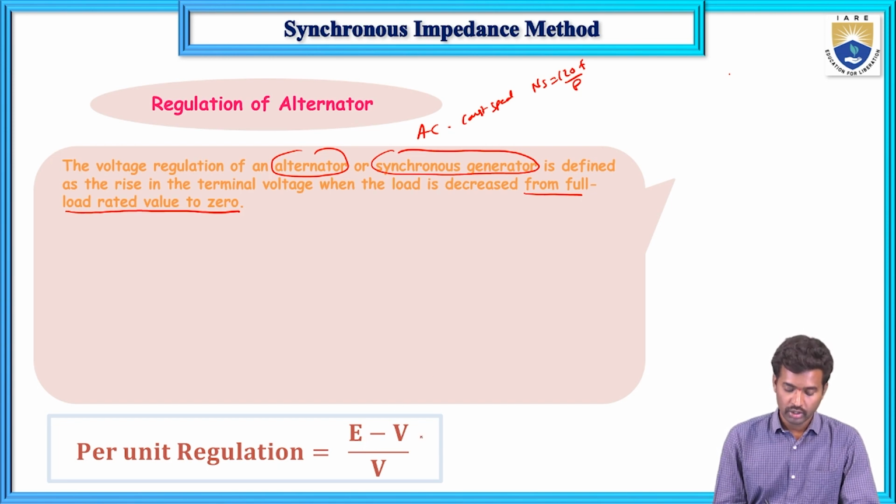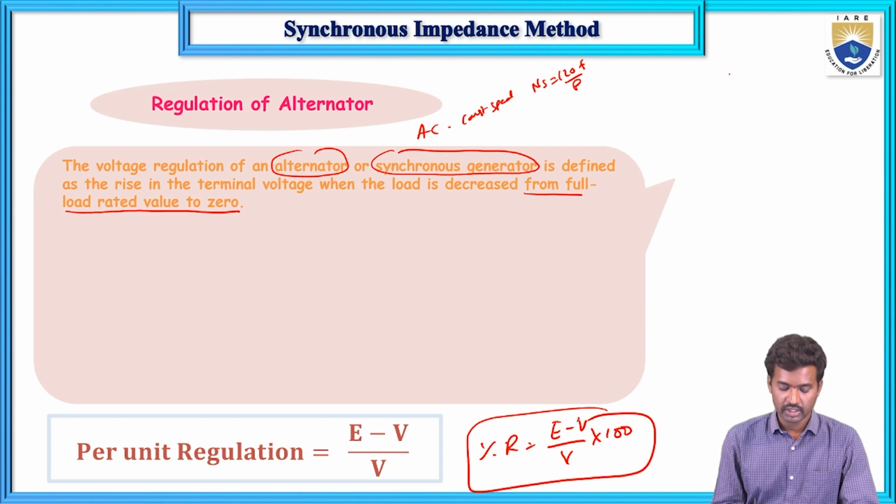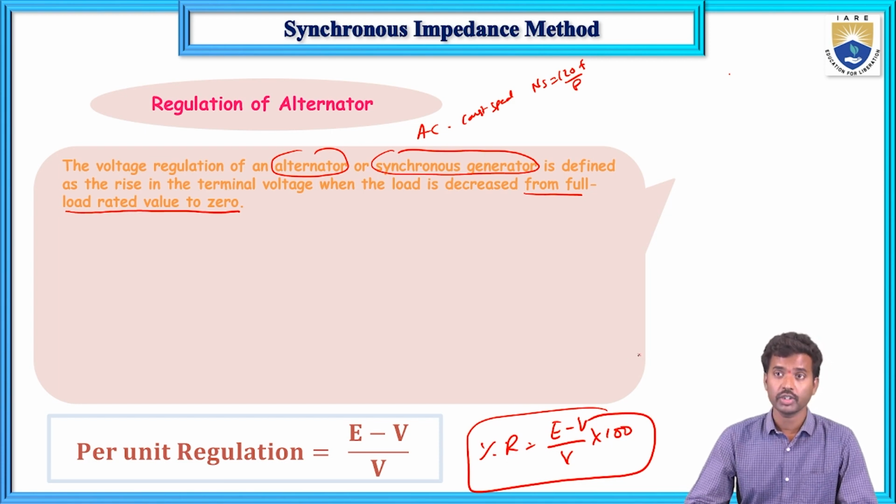Now if you want the percentage regulation, it equals (E minus V) by V into 100. This is the percentage regulation, and for per unit regulation there is no 100. Here E is the no load voltage and V is the load voltage, the terminal voltage.